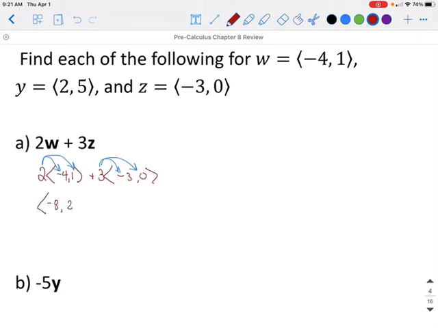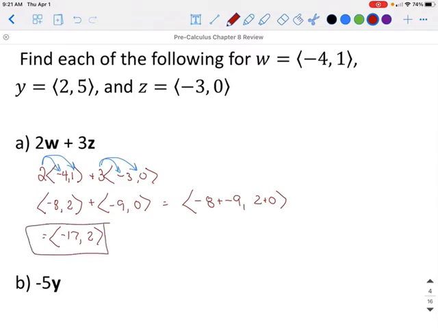So I'm going to have negative 8 with 2, and then we're going to have negative 9 with 0. Next, because it says addition, we're going to add the pieces that are in the same location. So this will be negative 8 plus negative 9 and 2 plus 0. So this will give us negative 17 and 2 for our sum.